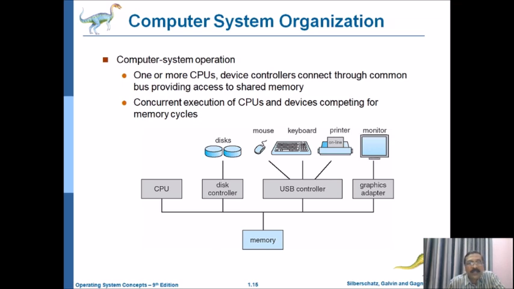So we have concurrent execution of the CPU and devices competing for memory cycles. These devices are competing for resources of the CPU and memory. When they are competing, the operating system is a fair, supporting software to these controllers, ensuring a fair distribution of CPU time and memory time.